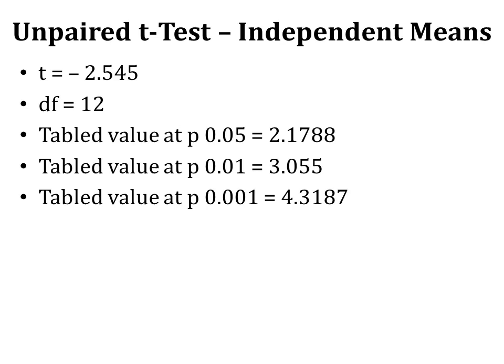So now we see which of the two values is greater, our calculated value or the table value. In this case, our calculated value is greater than the table value. So what are we going to do with the null hypothesis? We are going to reject the null hypothesis. Now we want to see the significance at the next level of critical probability, which is 0.01, and the value here is 3.055, which is greater than our calculated value.